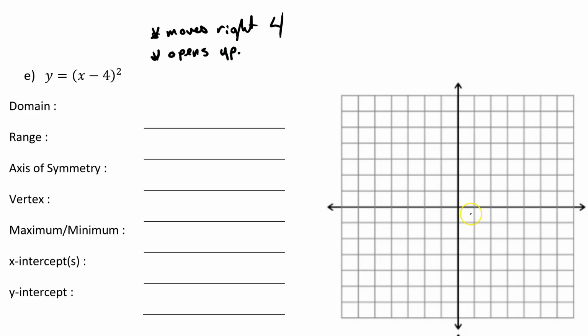So I'm going to put my scale 1 and 1, label my X and my Y. And instead of my vertex being at 0, 0, we're going to be moving it over 4. And I can just do the exact same thing because there's no stretch factor. The A is just 1. So over 1, up 1, over 1, up 1, over 2, up 4, over 2, up 4. And I can draw this.